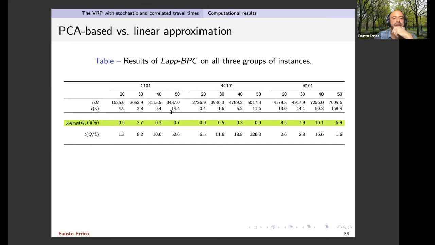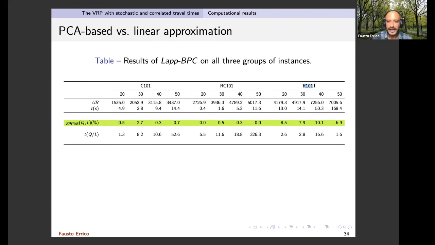Even if it's a relatively naive approach, it can find solutions that are not too far from the one the quadratic found, but not always. For example, here for R101, the gaps start becoming much worse.